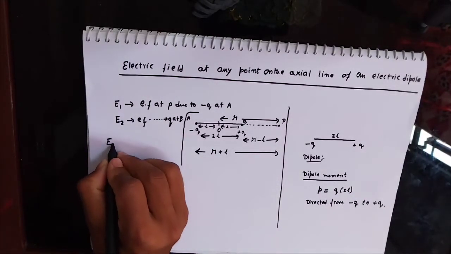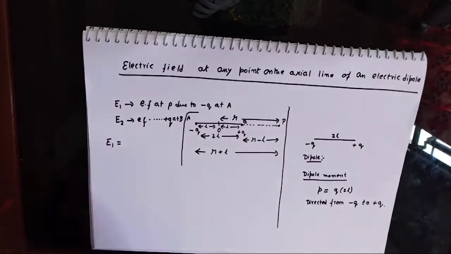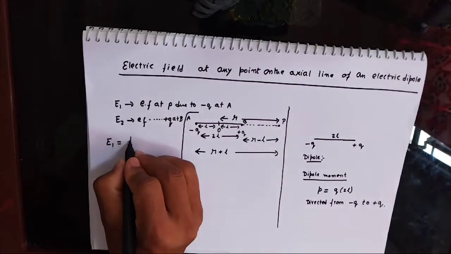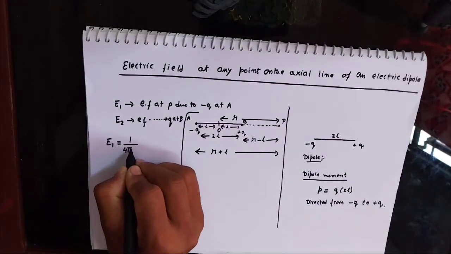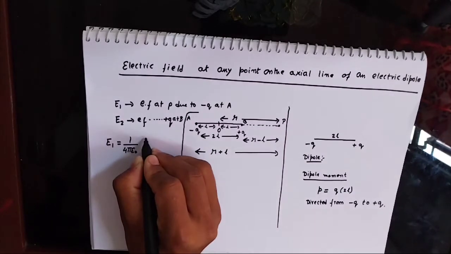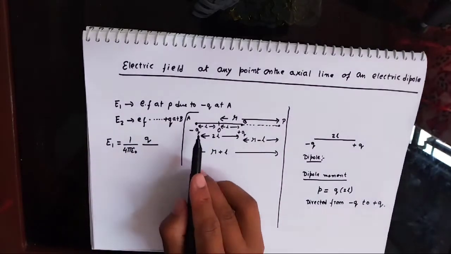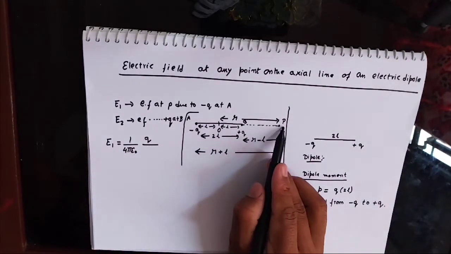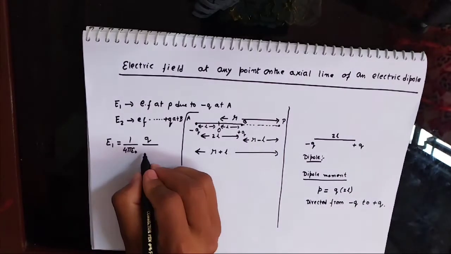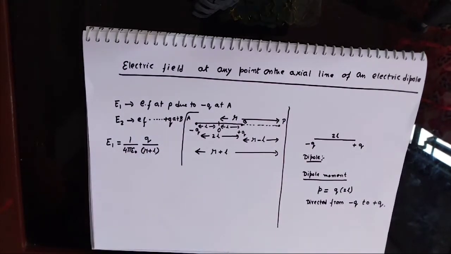What is E1? E1, the magnitude of the electric field, is 1 by 4 pi epsilon naught. Then the charge, it is Q. What is the distance of this minus Q to a point P? It is R plus L. In which direction?